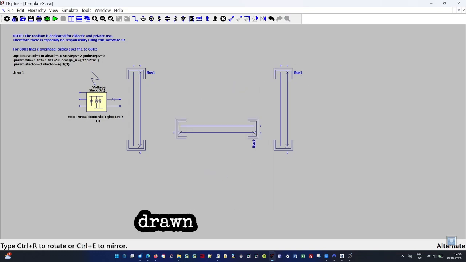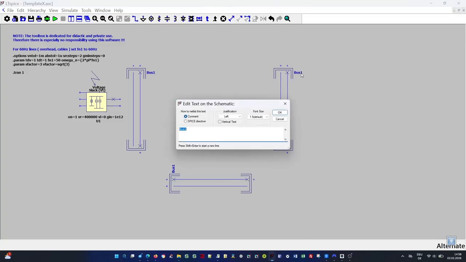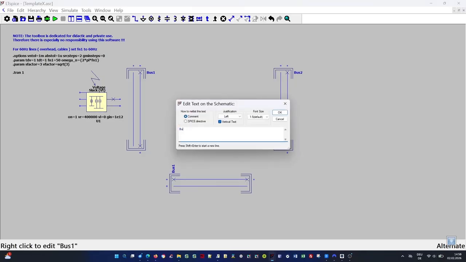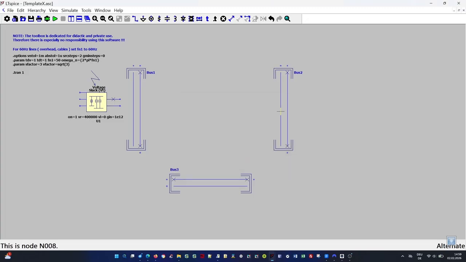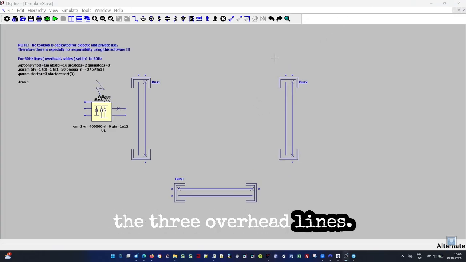Bus bar 3 is drawn horizontally. Now we create some space for the 3 overhead lines.